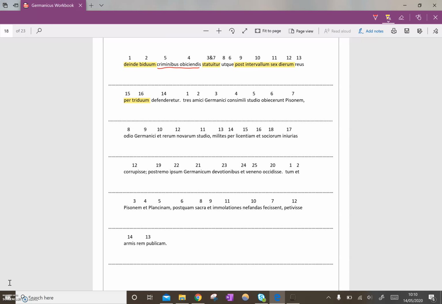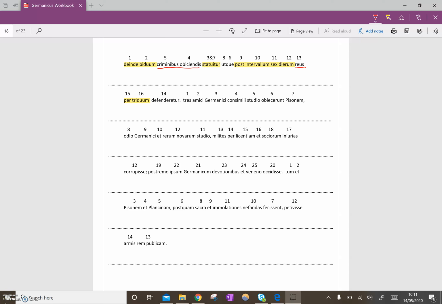So that whole little phrase then is and after an interval of 6 days, comma, a period of 3 days for the accused to defend himself. So reus there, we translate as the accused, to defend himself. So that whole sentence: then a period of 2 days was allocated for presenting the charges, and after an interval of 6 days, comma, a period of 3 days for the accused to defend himself.